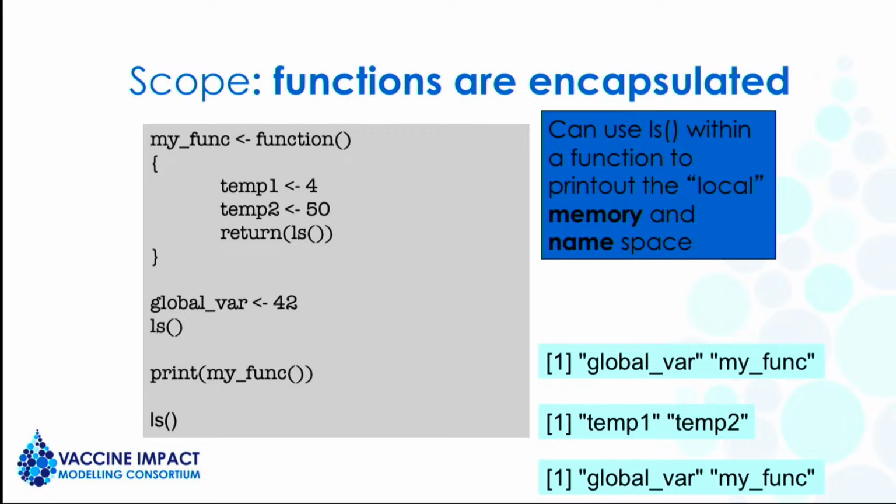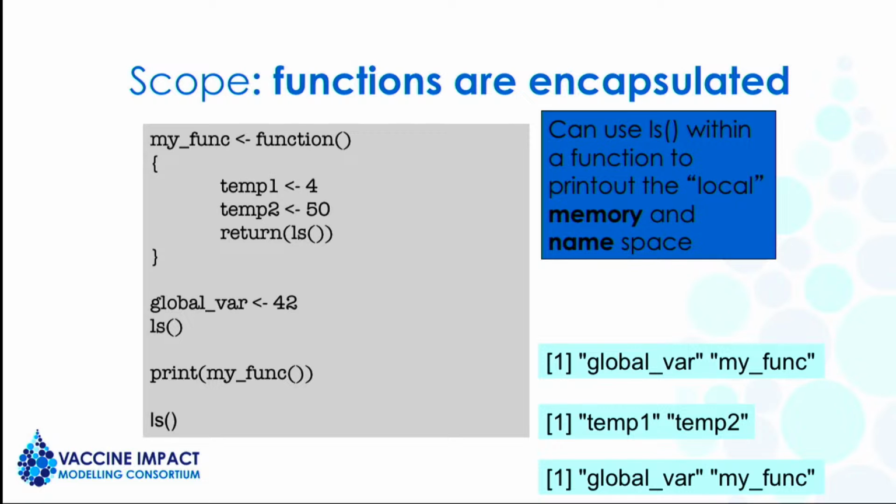We do not get global var, because it's not inside the function. So temp1 and temp2 live inside the function. That is their scope. They are local to the function. They don't exist in the global workspace, which has this other variable, which has the value of 42.